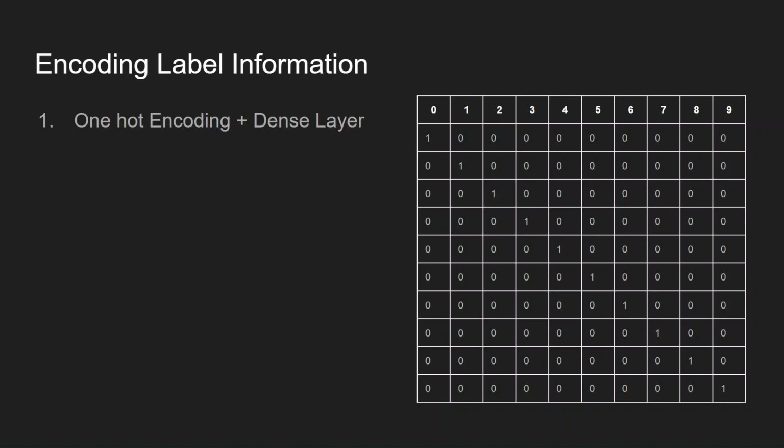One of them is using one hot encoding and then a dense layer. For example, on the right side you can see that I have a one hot encoded matrix for my labels. The first row represents my labels 0, 1, 2, 3, 4, 5 up to 9, and in each column I have a one hot encoded vector.